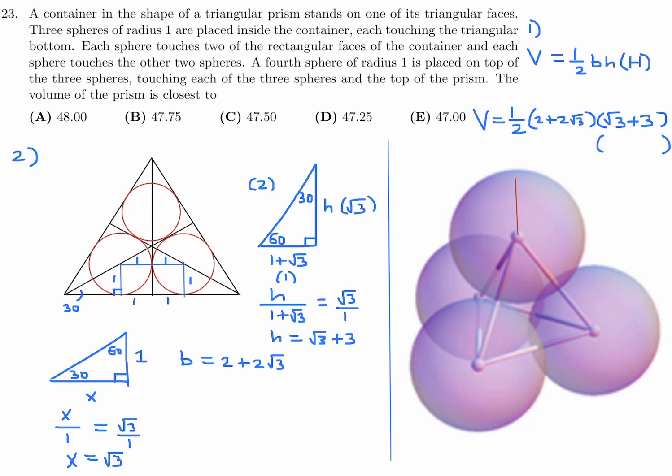The first segment is from here to here. The next segment is from the center of one of the bottom spheres to the very bottom. And the third is from here to the base of that triangle. You notice there's this triangle here. That is where that third distance will stop.